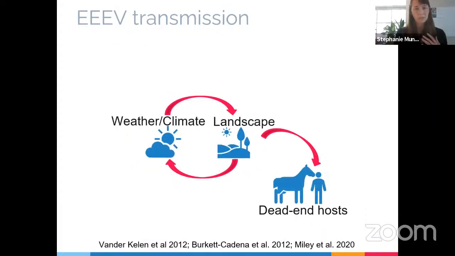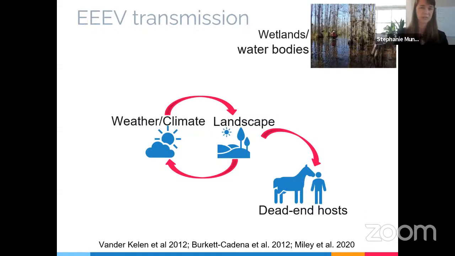And all of this EEEV risk is playing out across space and time. For example, looking at the landscape, wooded wetlands play a really important role in the development of Culex melanura. They prefer to lay their eggs at the base of these trees in underwater crypts.